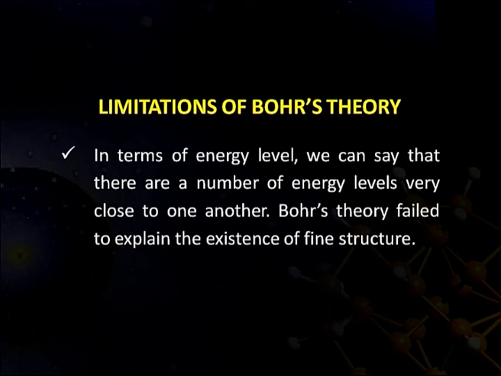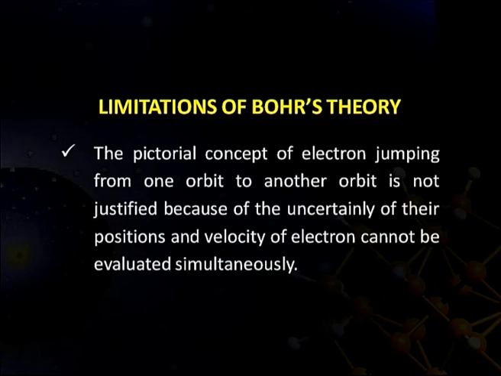Bohr's theory failed to explain the existence of fine structure. The pictorial concept of an electron jumping from one orbit to another is not justified, because the position and velocity of an electron cannot be determined simultaneously.